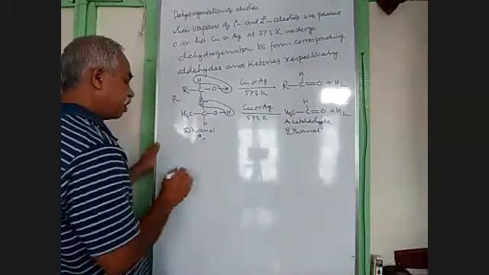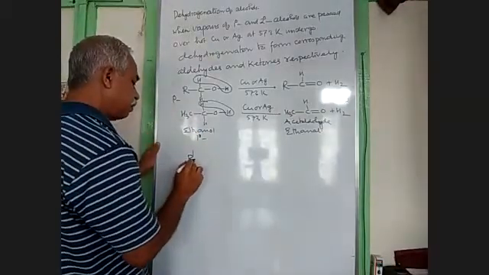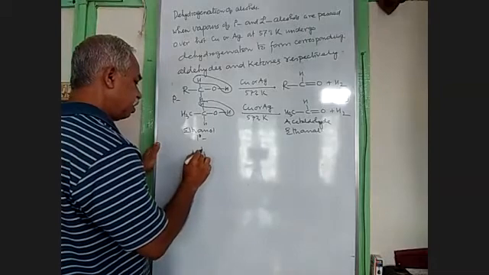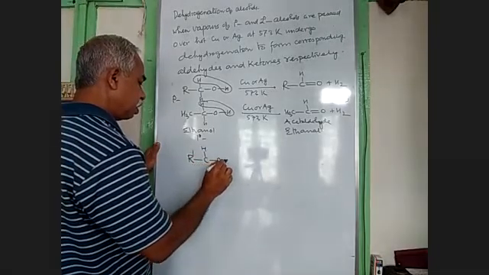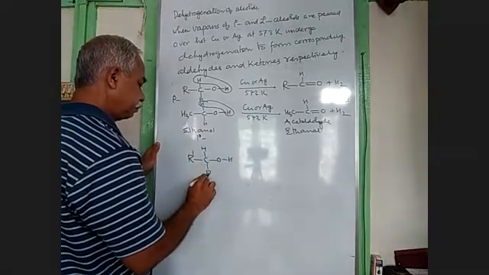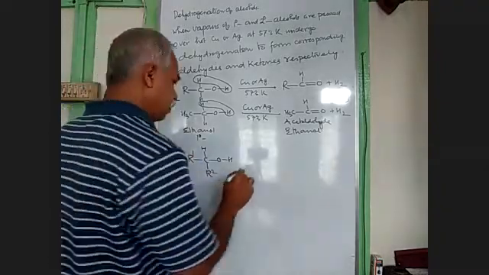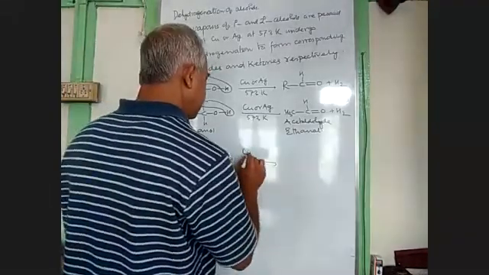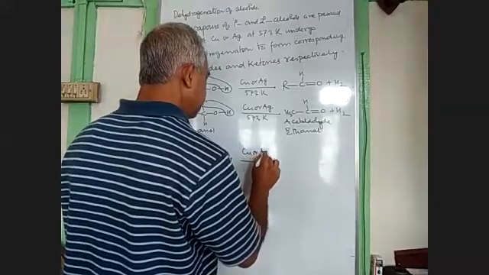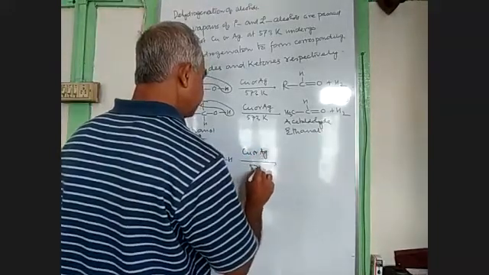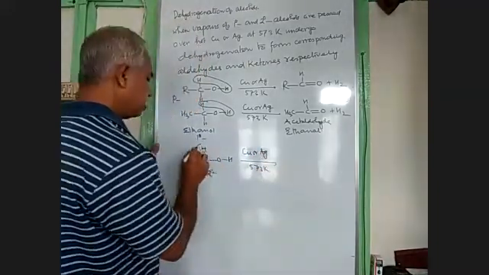Now if I go for secondary alcohol, suppose I have taken this. Similarly, I pass it over copper or silver at 573 Kelvin. What is going to happen?